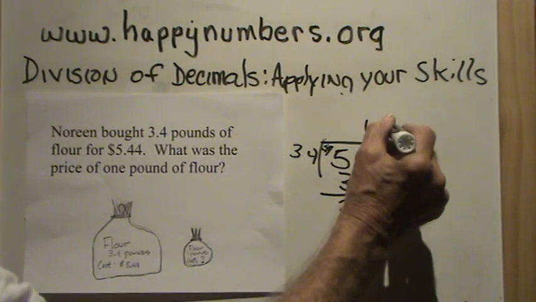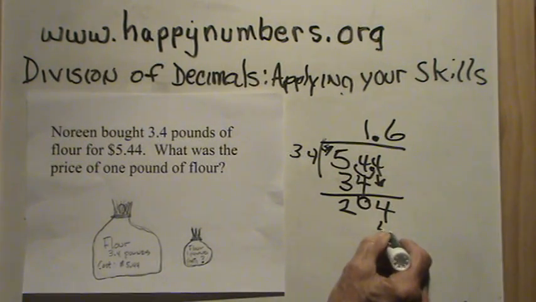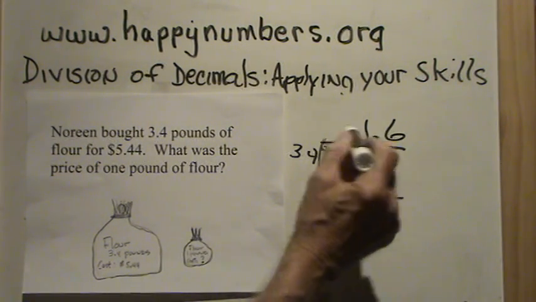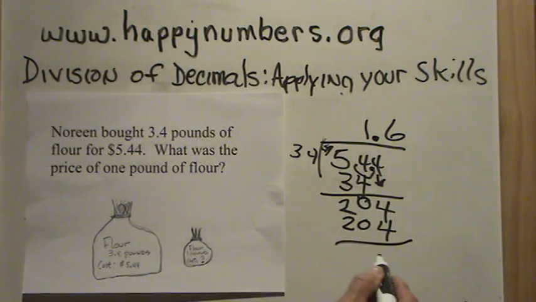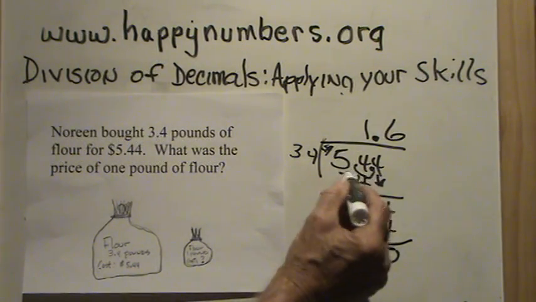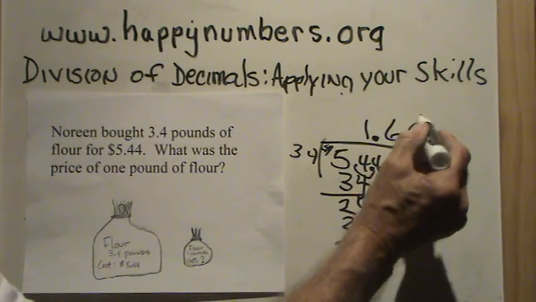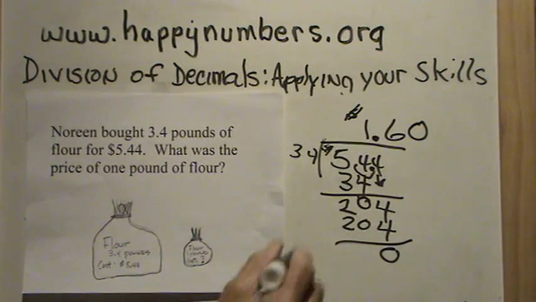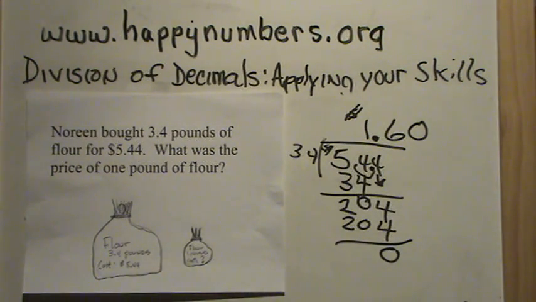I'm going to say it's 6. Let's see. 6 times 4 is 24. Carry the 2. 6 times 3 is 18, and 2 is 20. Subtract, and I have 0. So that's it. So my answer, since I'm working in money, this was $5.44. This has to be in money also, so I have to put a 0 here. So it would be $1.60. So 1 pound of flour cost $1.60.